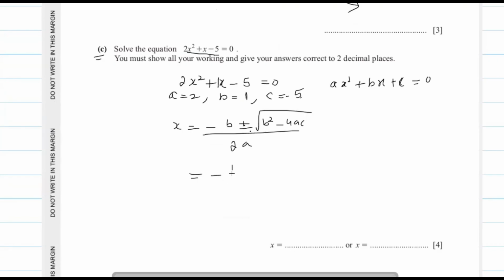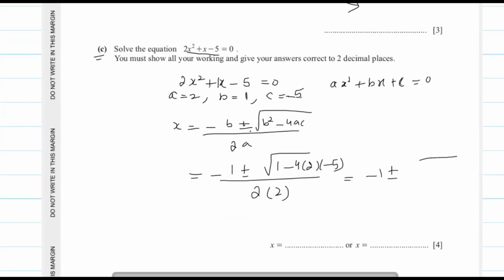Here b is 1 and b square is 1 square, which is 1, minus 4 into a is 2 into c is minus 5, and 2a is 2 into 2, which is 4. We can write this as minus 1 plus minus square root of 1 plus 40, over 4.